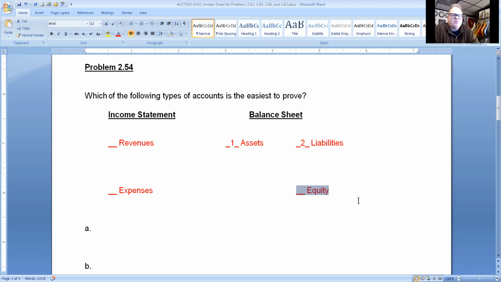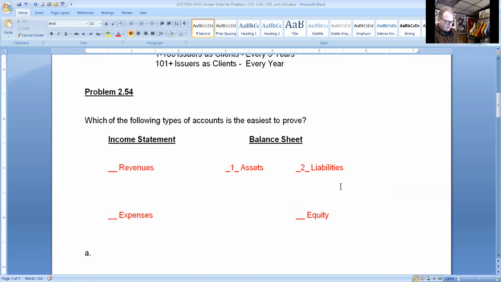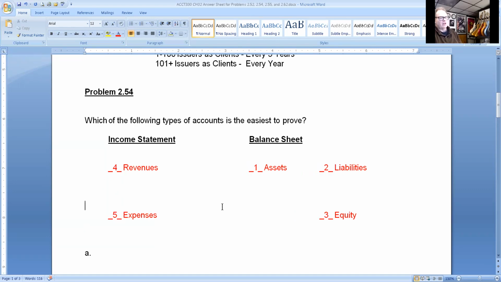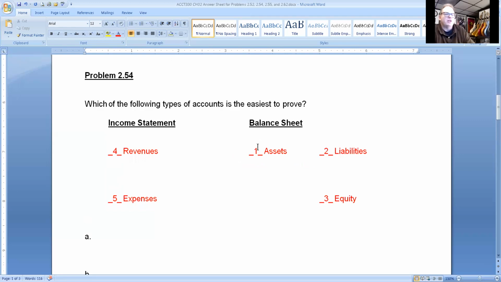That would be the next one to prove. Well, it kind of already is, right? If these 2 are proven, then this one is pretty much proven also. So we do kind of work around, but you're right that that would basically prove that one, and then come over here. So this is kind of how we do an audit.